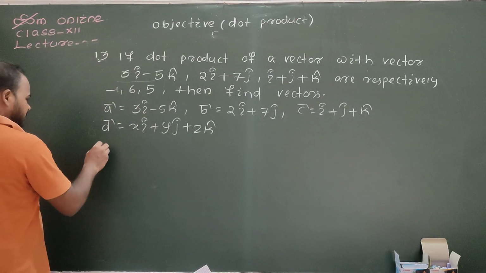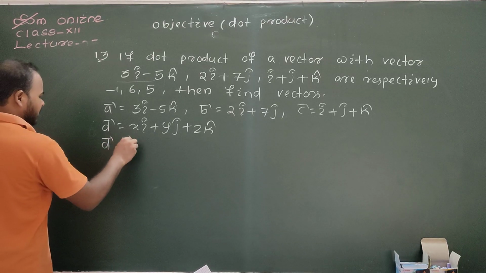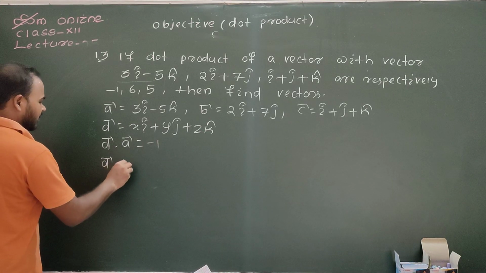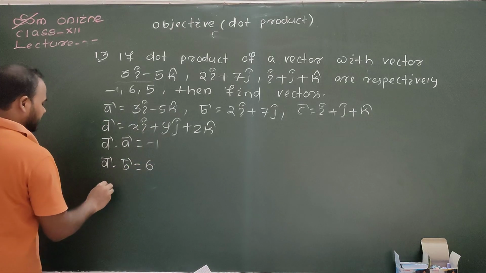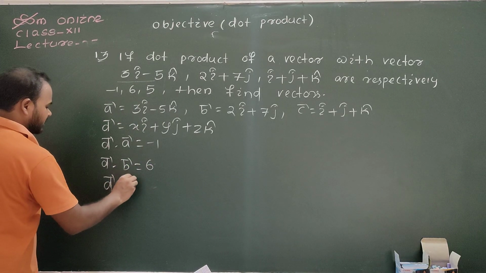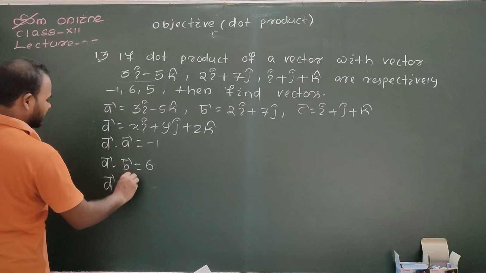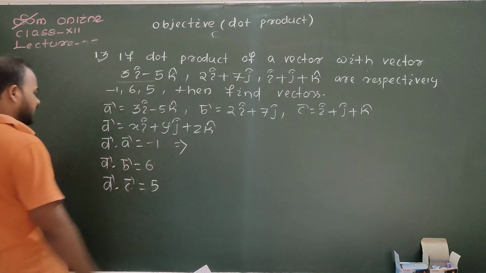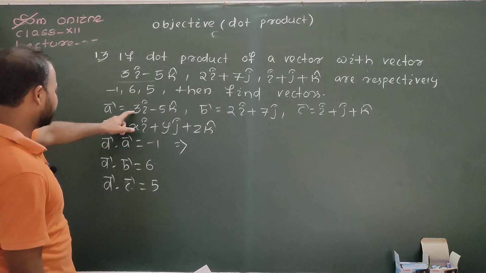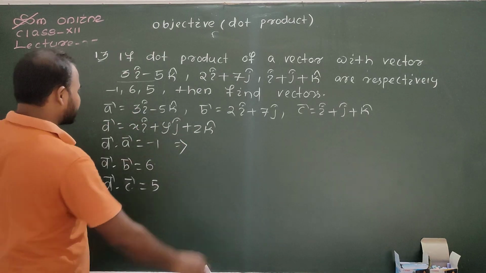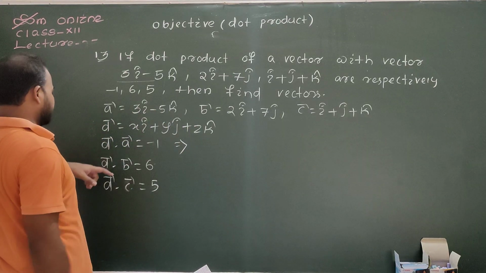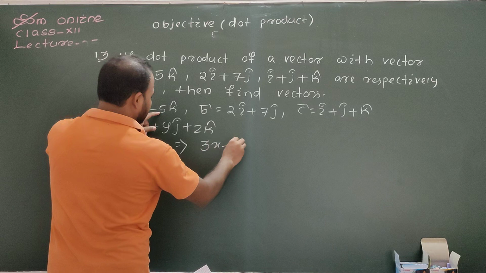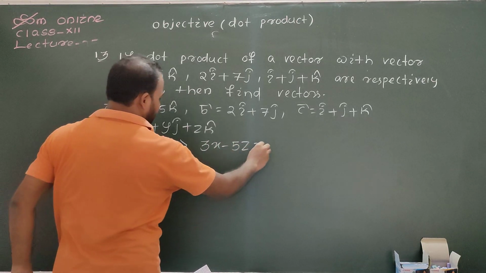So according to question, vector D dot vector A equal to minus 1, and vector D dot vector B equal to 6, and vector D dot vector C equal to 5. Then what will be the equations? Vector D dot vector A, that is 3x minus 5z equal to minus 1.